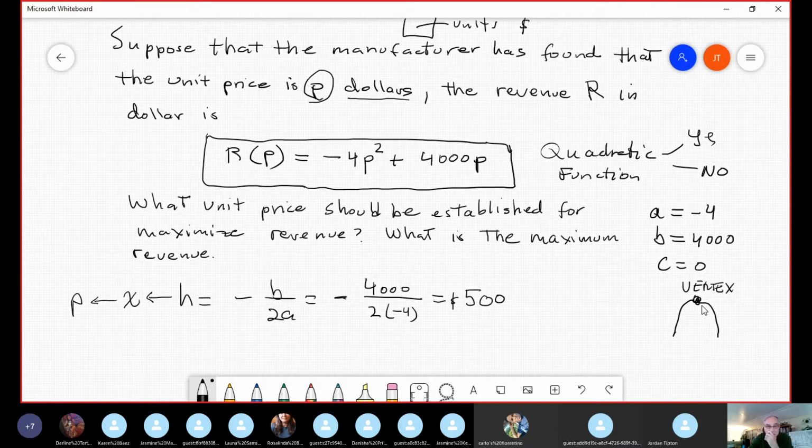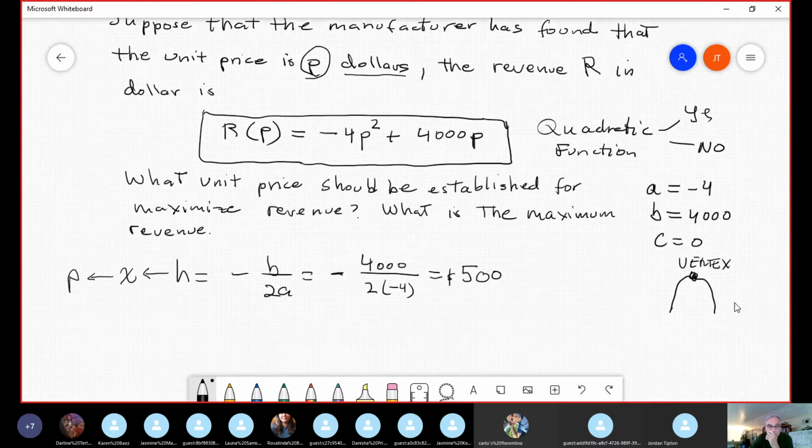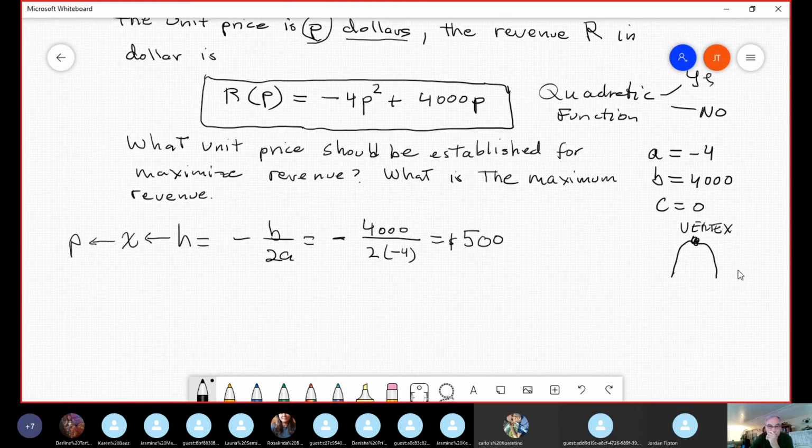I don't care. In order to find the maximum revenue when you produce this unit, the optimal price is $500, you plug $500 into the equation to answer the second question, what the maximum revenue is. -4 times 500 squared plus 4,000 multiplied by 500.